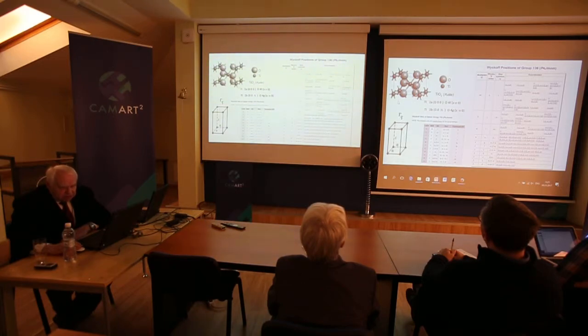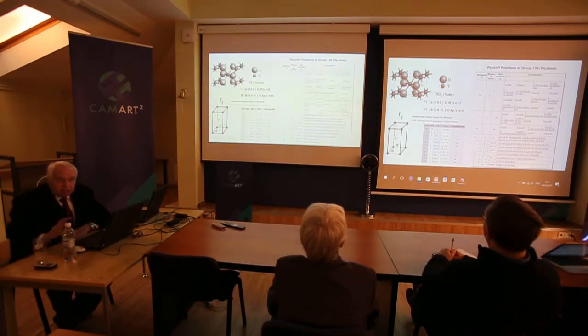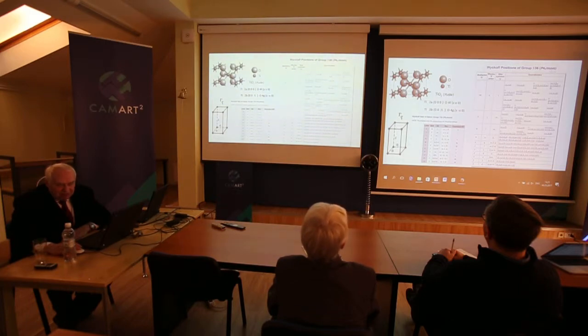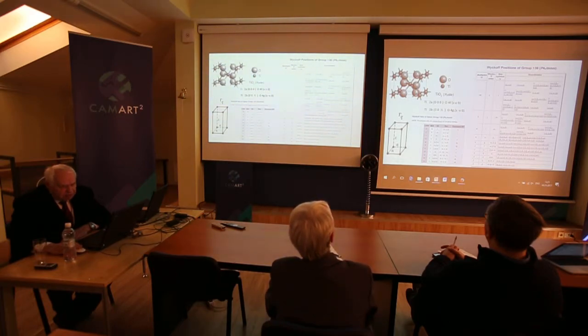Then the x-axis comes out, and you reflect in it. What happens with this oxygen? It goes again to the empty position. Therefore, you need to glide it to the other oxygen position, and therefore this is a glide plane. As for the diagonal planes, these two are in one diagonal plane, and these two are in the other diagonal plane, and so it means that this is a usual mirror plane.